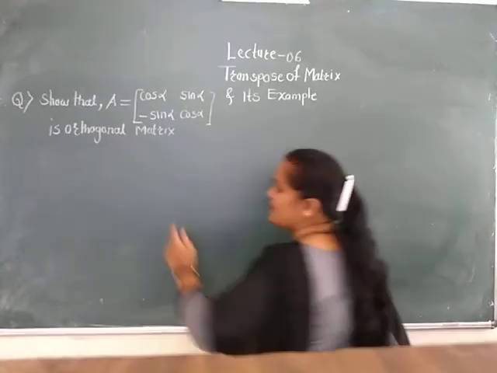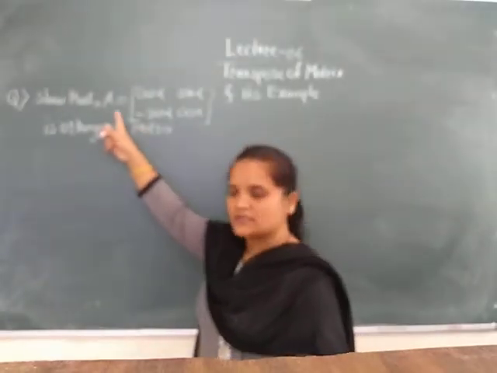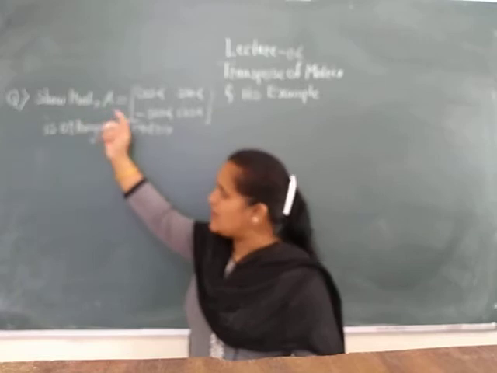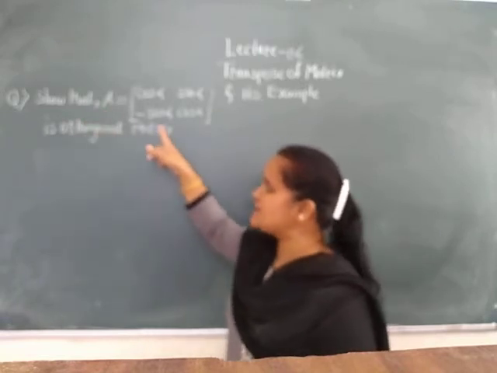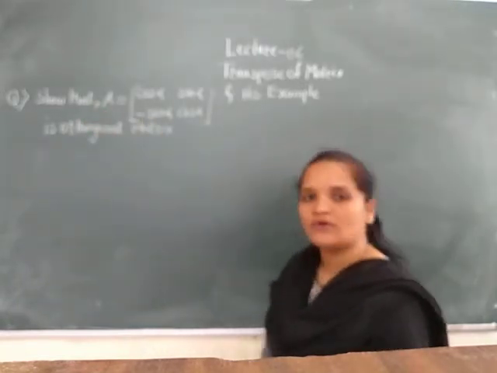So this matrix A is given to us, and we have to prove that A is an orthogonal matrix.